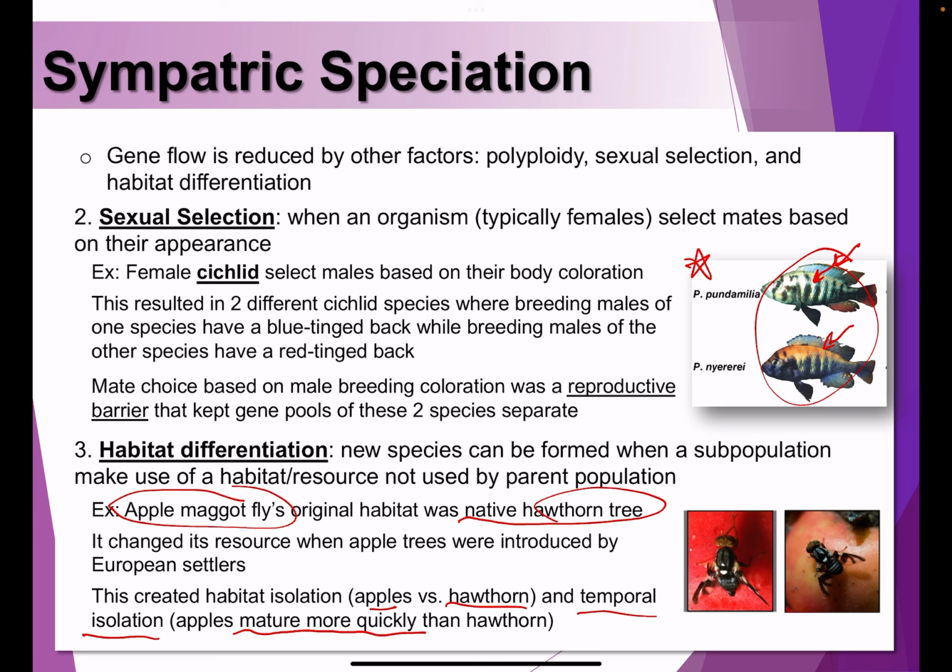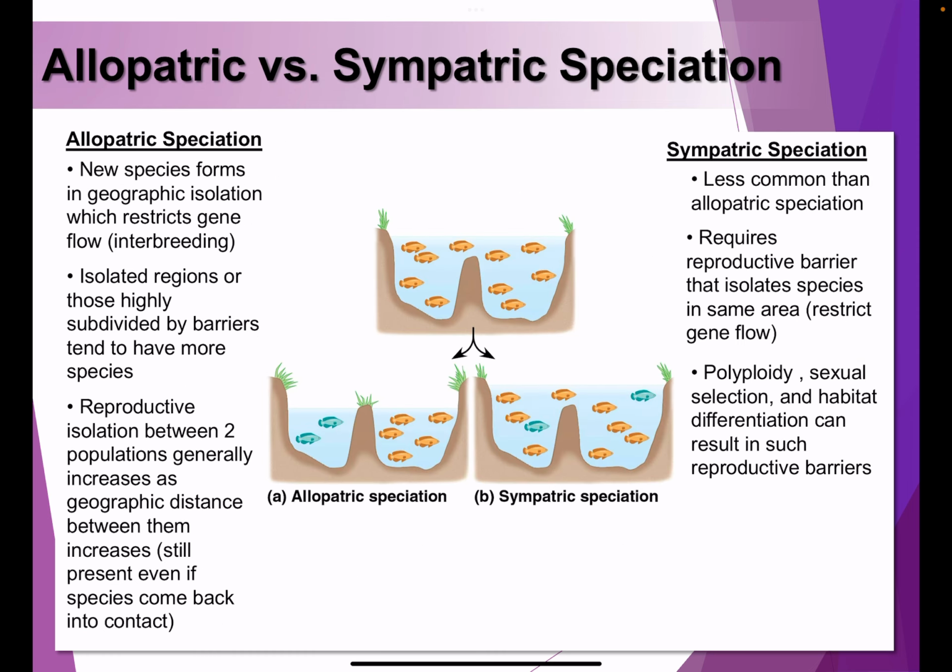So that's why those that feed on apples versus those that feed on hawthorn will have this temporal isolation, where now they have become two different species that feed on different food sources, meaning they have this habitat differentiation, a habitat change due to the introduction of new environments.